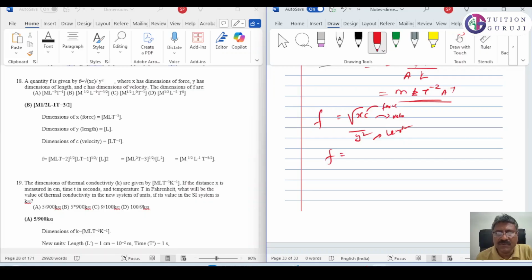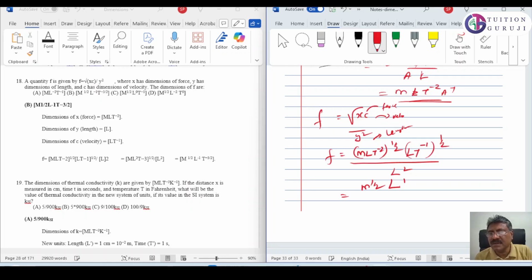So F is equal to square root of X C. X is force, and force is M L T raised to minus 2, raised to half. Square root means the powers change to half. Then C is L T raised to minus 1, raised to half, divided by Y square, L square. If you multiply this, M raised to half, then L raised to half and L raised to half means L raised to 1.